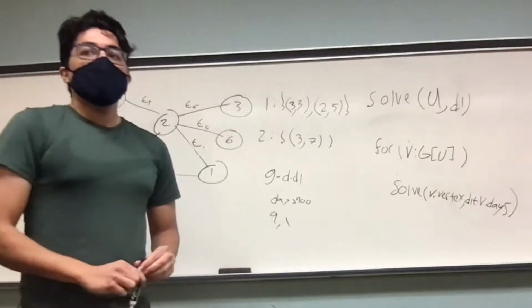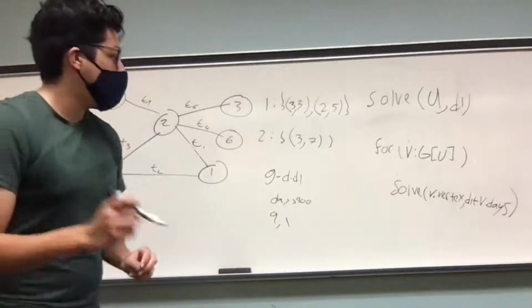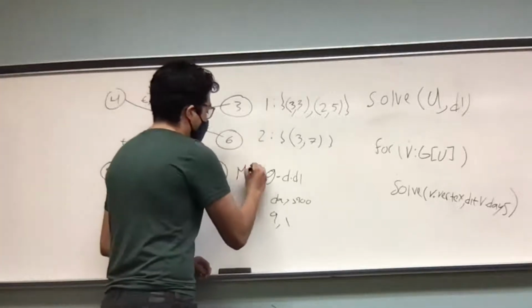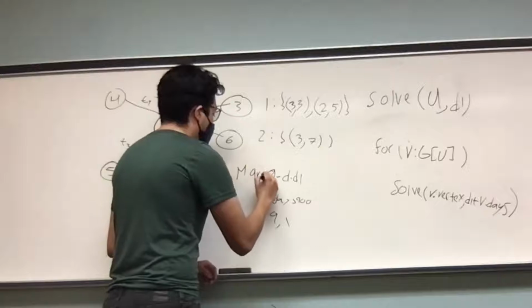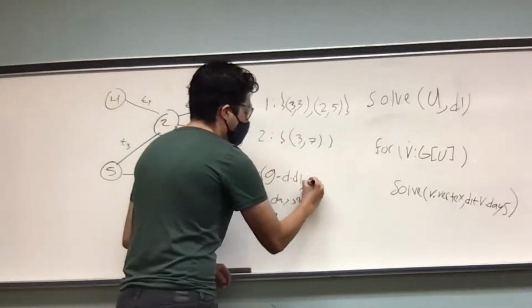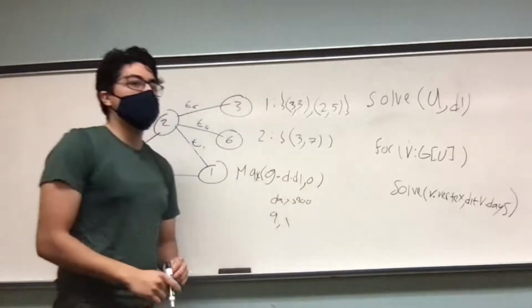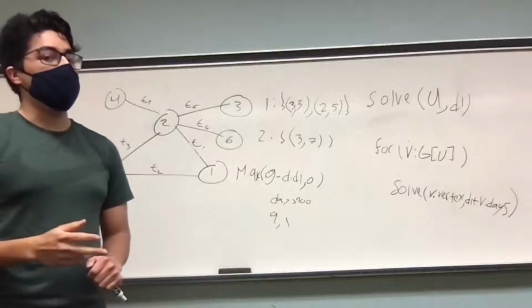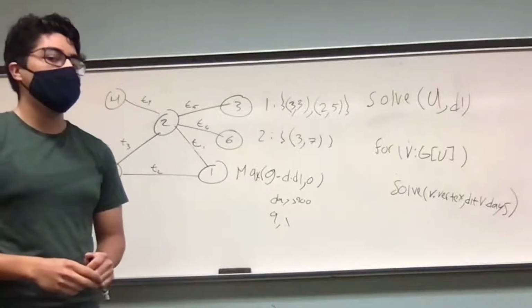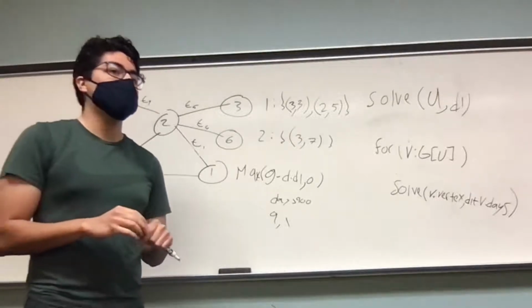Is that maximized between that or 0? Yeah, so it's the max between this and 0. We cannot actually lose gold when we're in a mine. We can only gain it or keep it at 0.